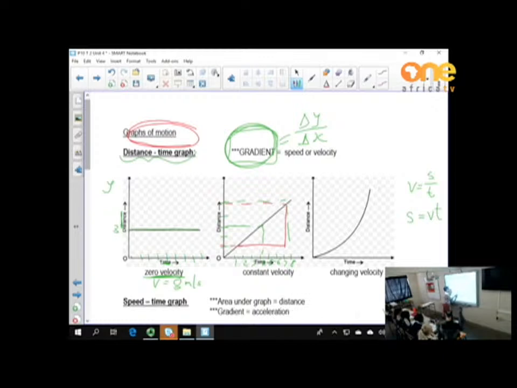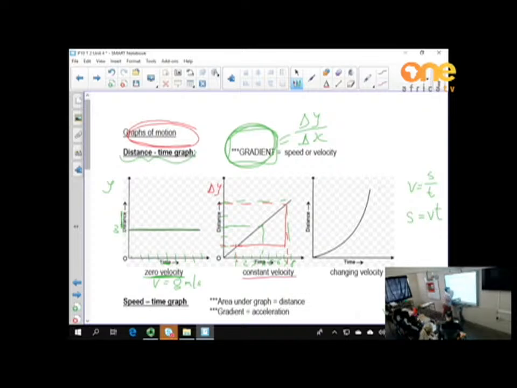Yes? Change in y over change in x. Can you see that for this line, the value for change in y over change in x, does it differ? No, it's going to be the same. The gradient is constant. Okay?